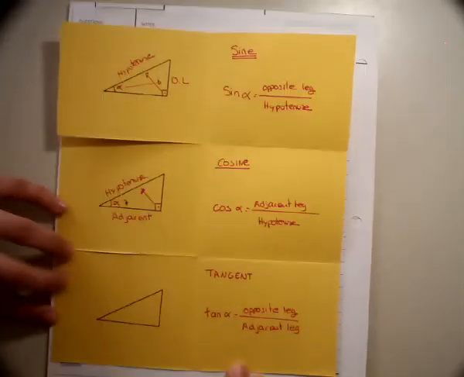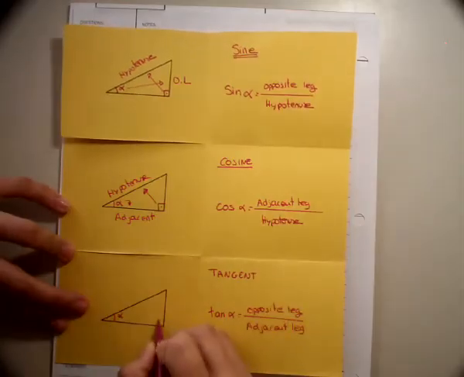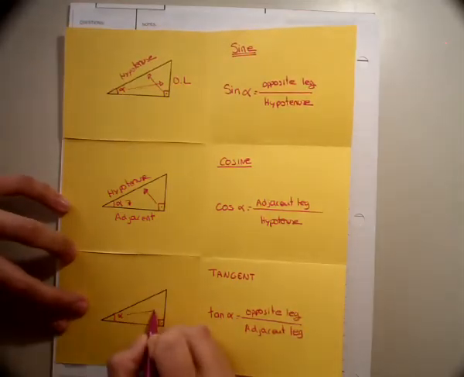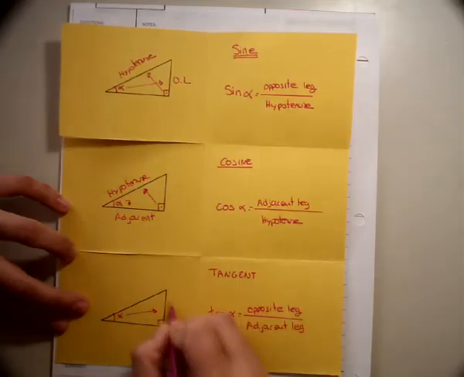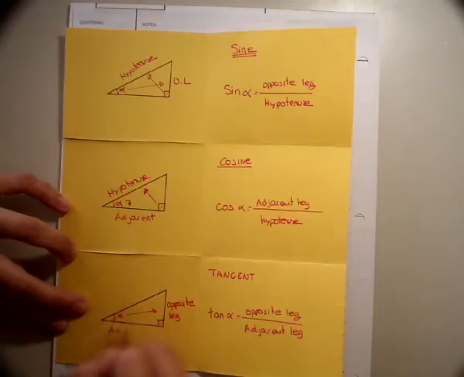Let's sketch our triangle again. This is alpha, this is our right angle. The one that is in front is the opposite leg. This will be the hypotenuse, so this is the adjacent leg.